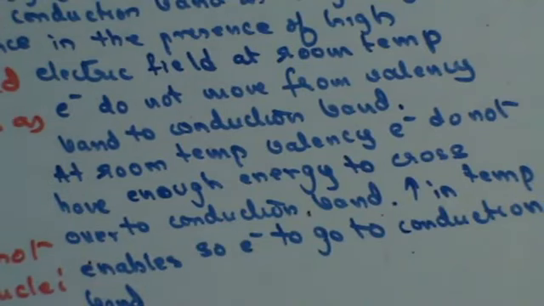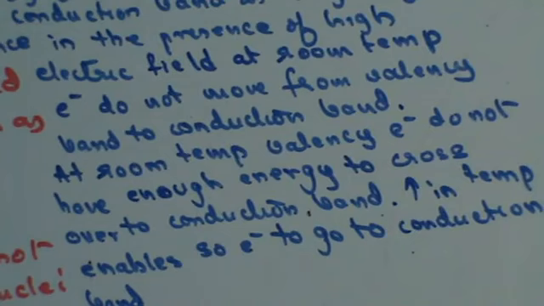This explains why certain materials are insulators at room temperature and become conductors at very high temperature. Right? Because at very high temperatures, the electrons in these substances acquire sufficient energy to jump from the valency band to the conduction band. Fine, do we get this in clear?